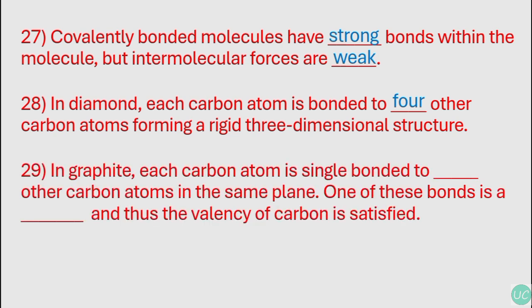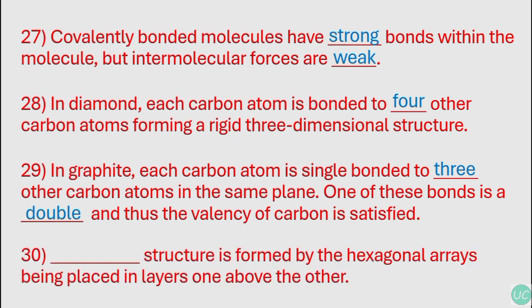Next, in graphite each carbon atom is single bonded to 3 other carbon atoms in the same plane and one of these bonds is a double bond, and thus the valency of carbon is satisfied because it forms a double bond with either the next layer of graphite or somewhere inside the layer.